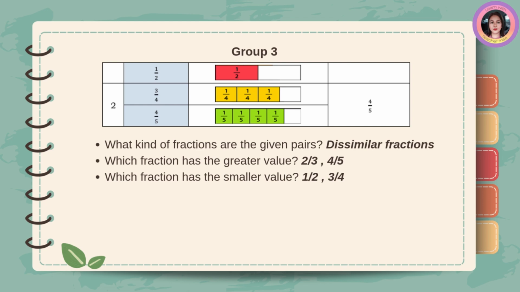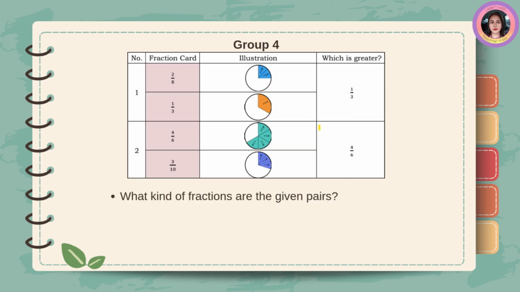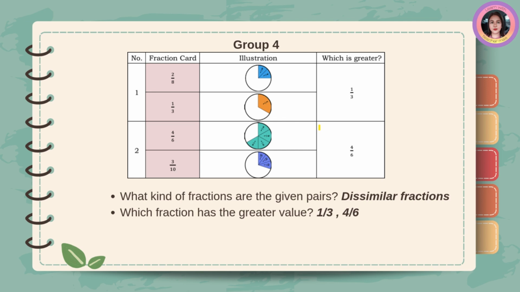For Group 4, what kind of fractions are the given pairs? Which fraction has the greater value? Which fraction has the smaller value?